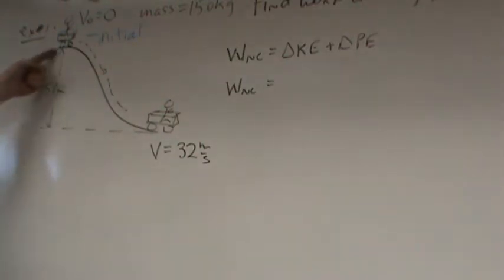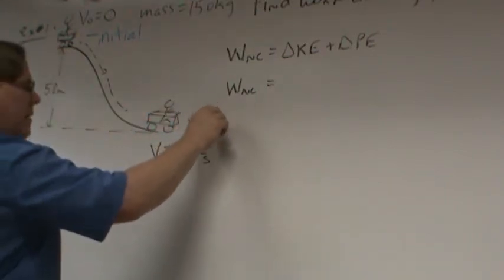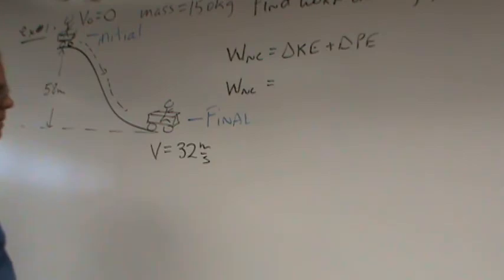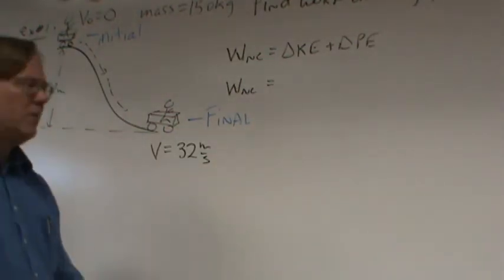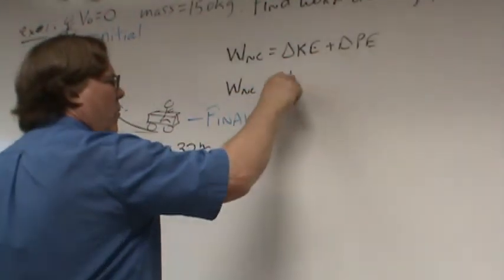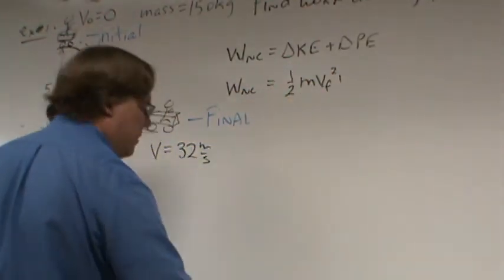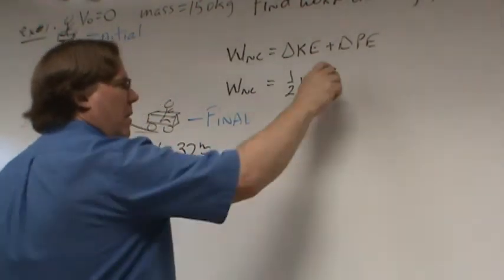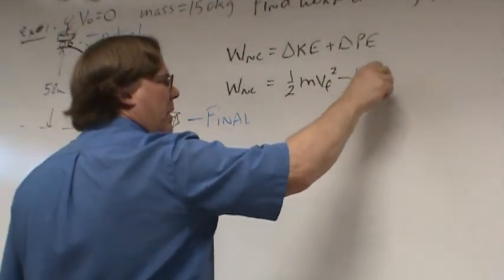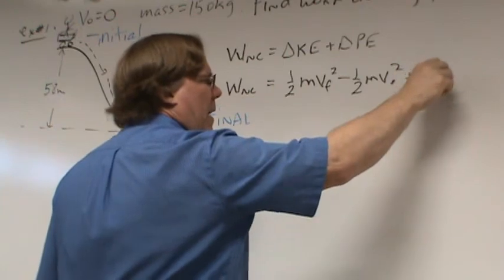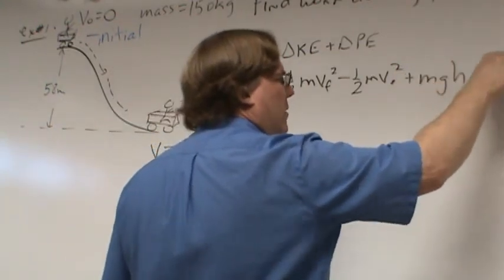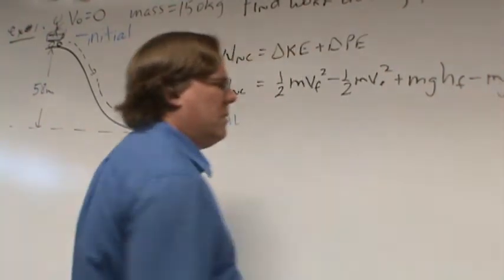So any kinetic energy or potential energy that you're calculating are going to be for this guy here. This guy here is in its final position. So let's go for it. This is going to be 1/2 m v_f squared minus 1/2 m v naught squared plus m g h sub f minus m g h naught.